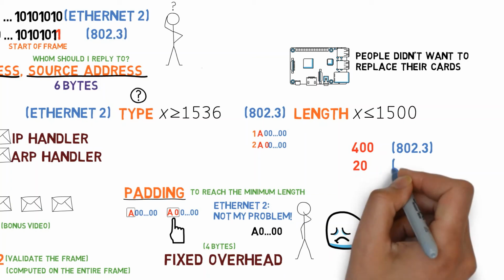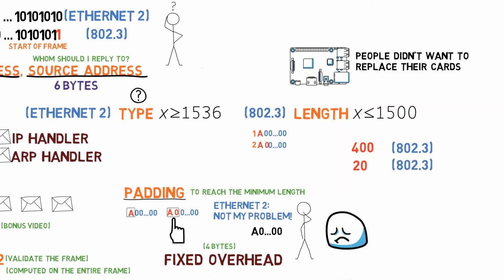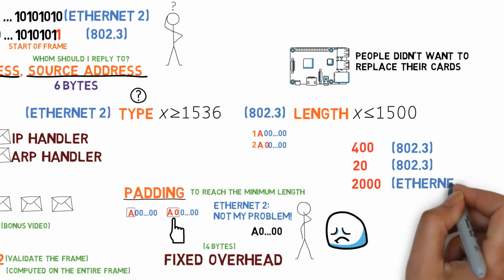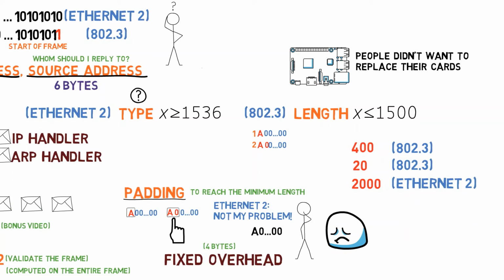Indeed, this is an IEEE 802.3 frame, which has 20 bytes of data, and thus 26 bytes of padding. And in case we see a frame where this field is set to 2000, in this case, we know that this is an Ethernet 2 frame, and 2000 is the type. So this is how we know whether we are dealing with an Ethernet 2 or an IEEE 802.3 frame.